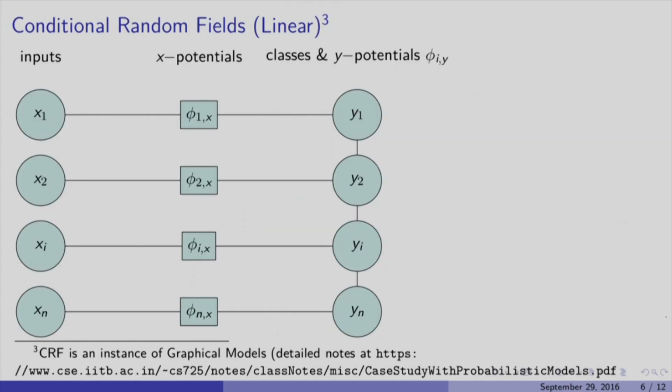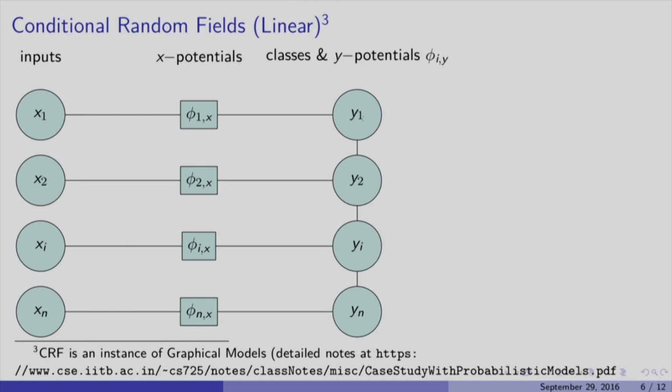Conditional random fields are very special examples of such a joint modeling, where we consider very special forms of phi. So we have an input sequence x1 to xn, output sequence y1 to yn. We are going to consider some specific phi's that are a function of specific inputs and specific outputs. So phi 1 is a function of the first component of input x and the first component of output y, and so on.